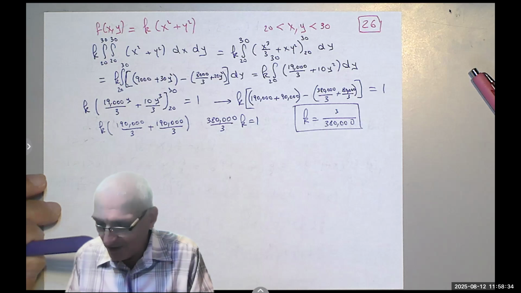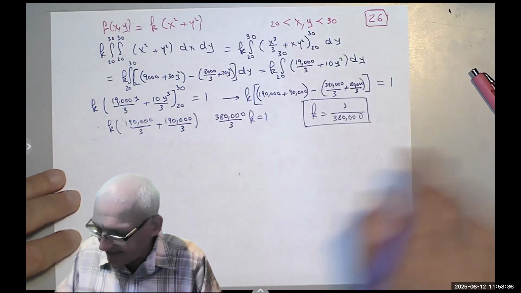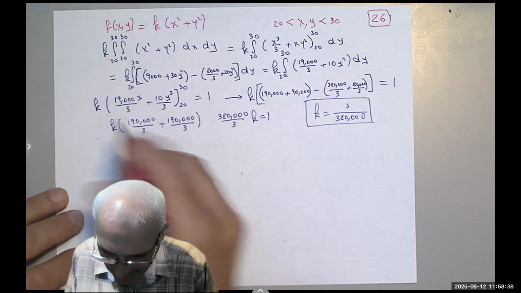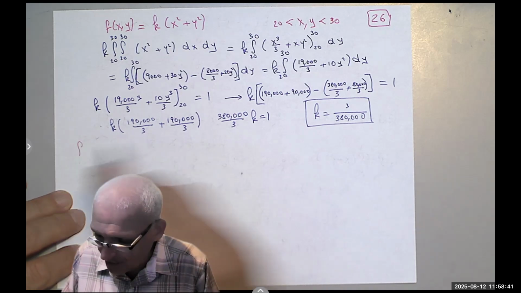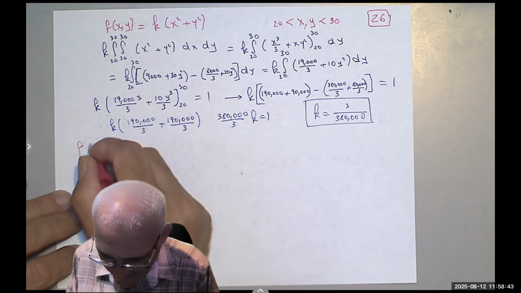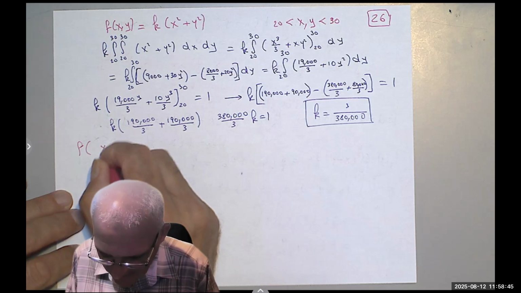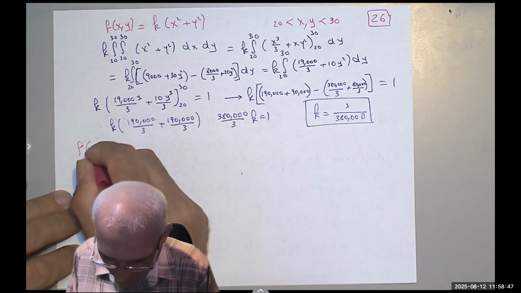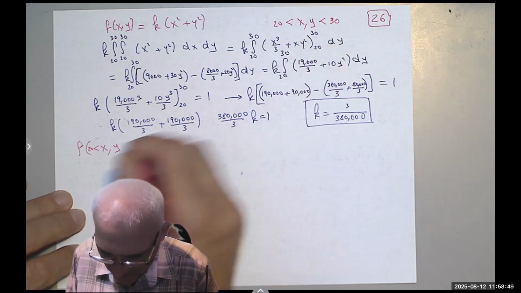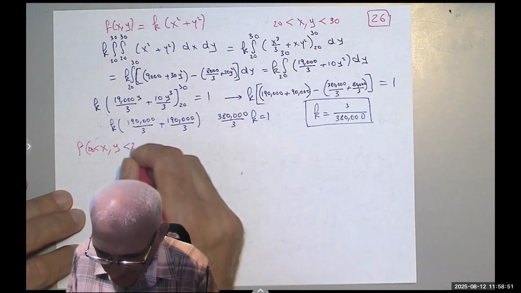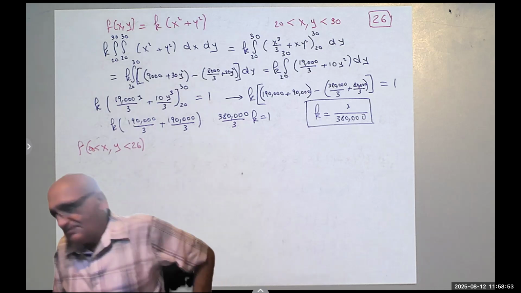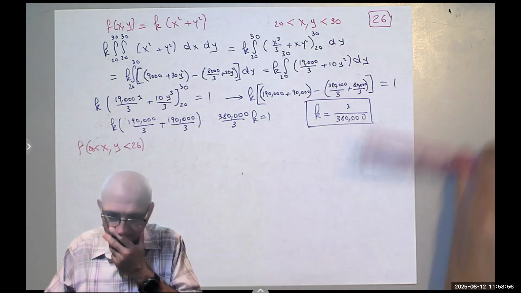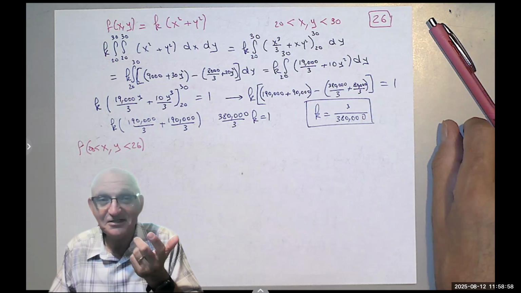Don't like that. Okay. So next, they ask you to find the probability that X and Y are greater than 20, of course, because they cannot be less than 20, but less than 26. I don't like that. I really don't know.